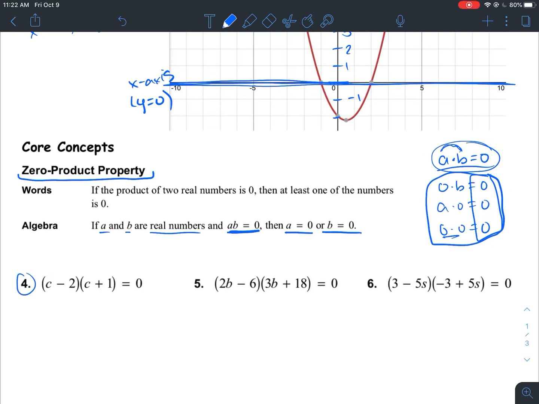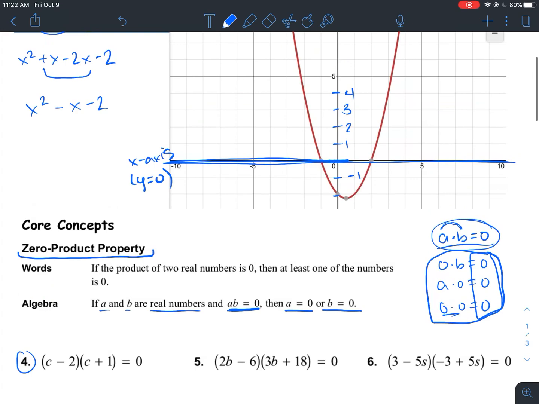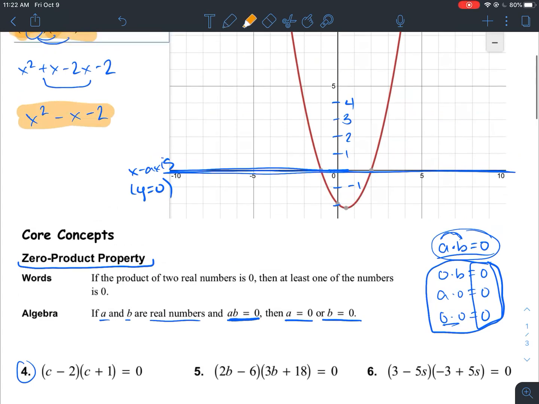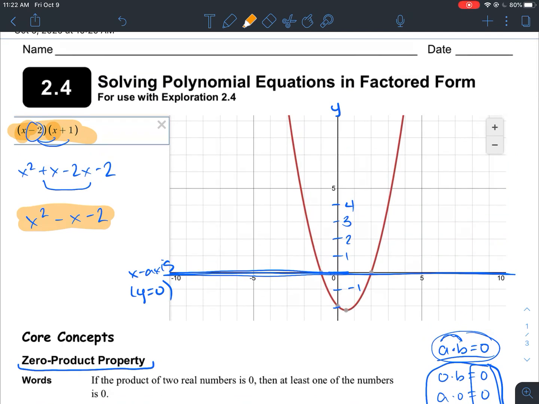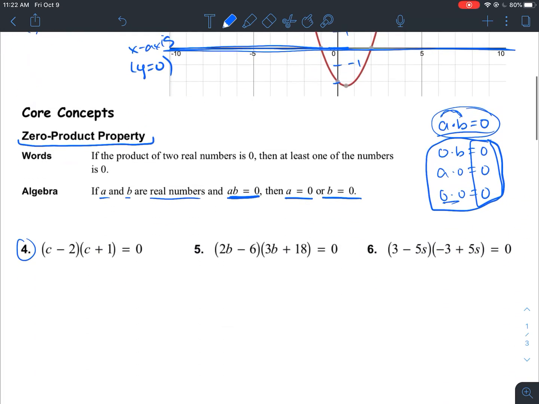So this is a polynomial in factored form, as opposed to this one being a polynomial in standard form. These are the same polynomials, x minus 2 and x plus 1, except they're in different forms, okay?